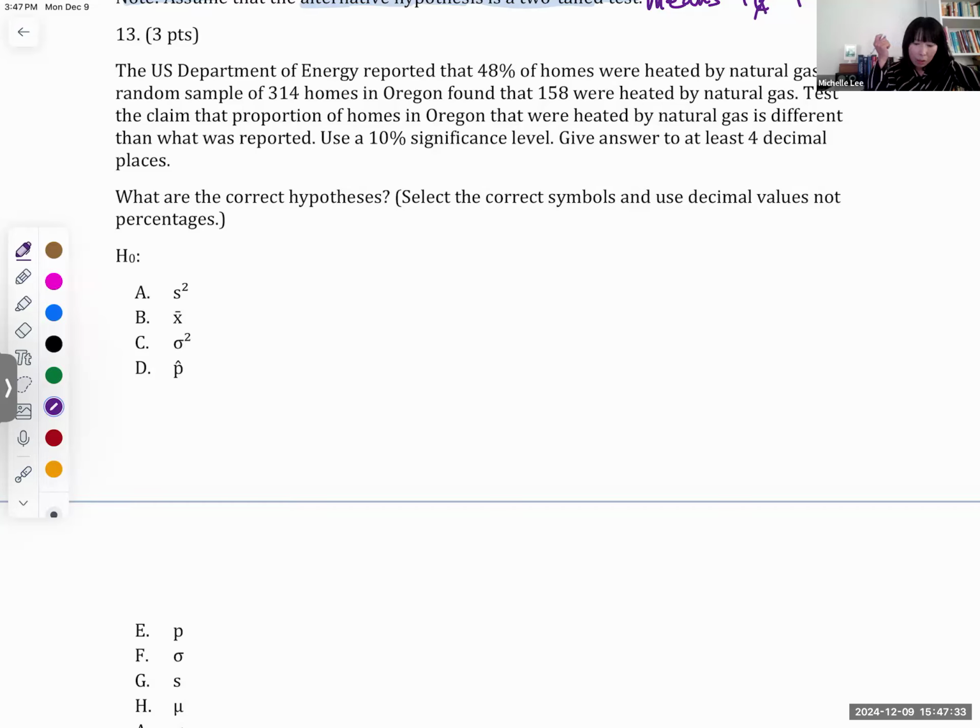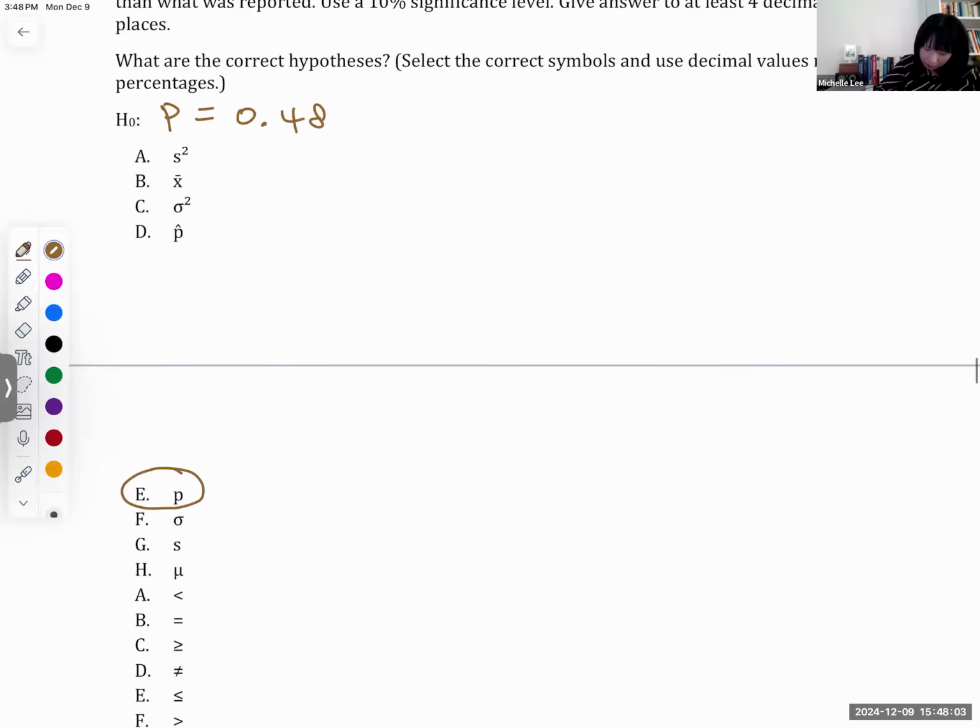How do you set it up? Null hypothesis: is it P? Good. Is P equal to 0.48? Excellent.